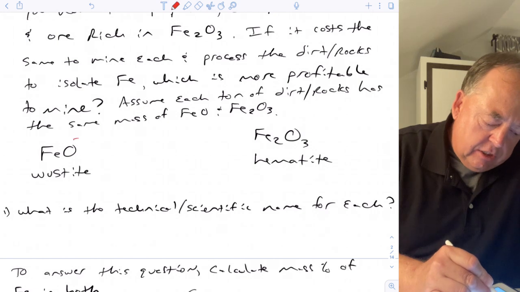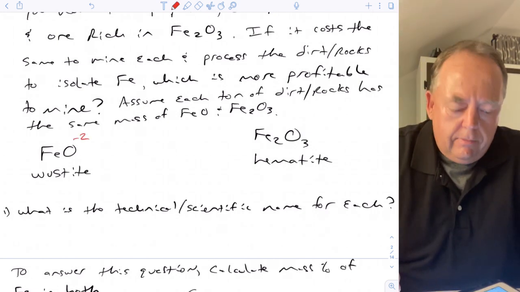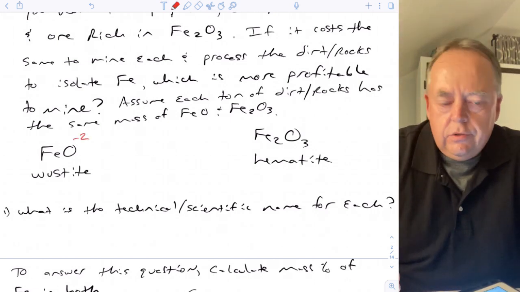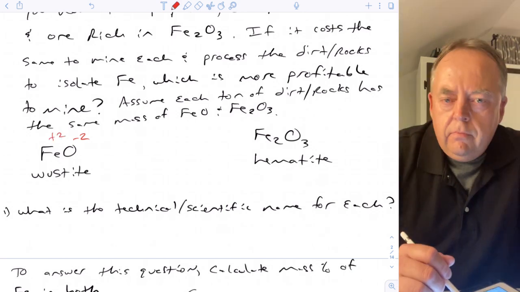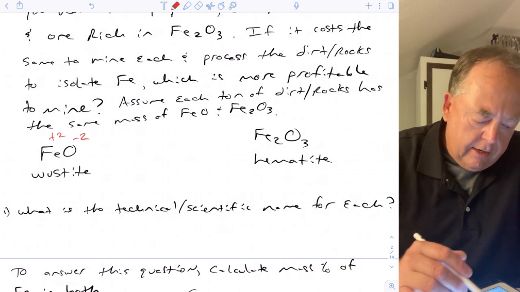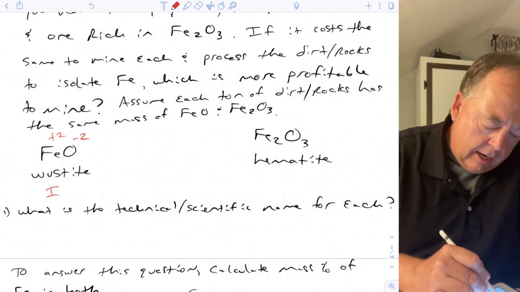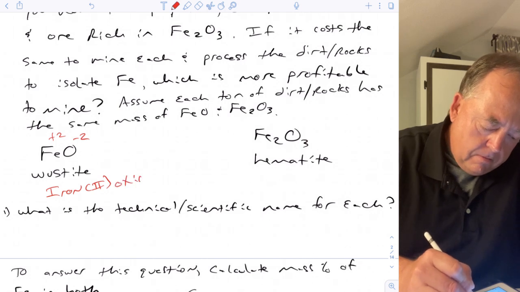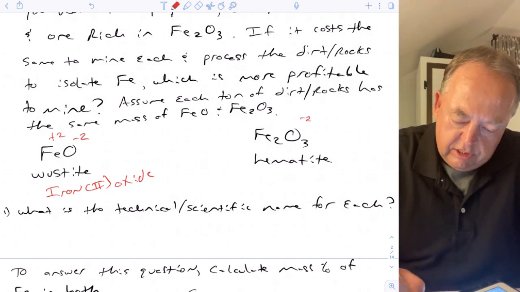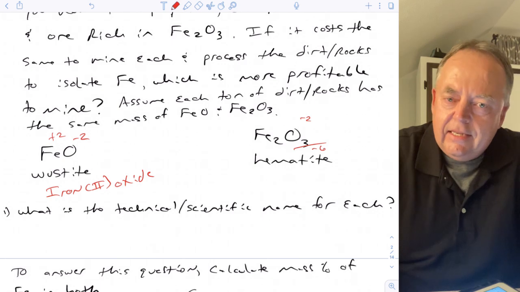Because you know oxygen. How do you know oxygen? Because you memorized it. Oxygen is always a -2, right? So if there's one iron and one oxygen, and oxygen's -2, iron's +2, so this would be iron(II) oxide. And here oxygen's -2, there's 3 of them, so that's 6 negatives.